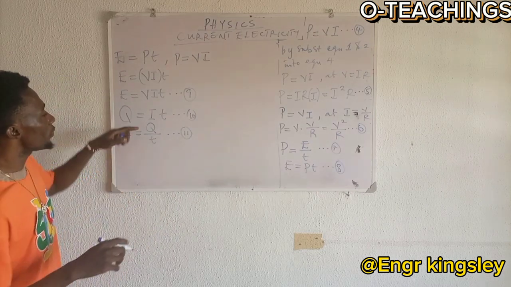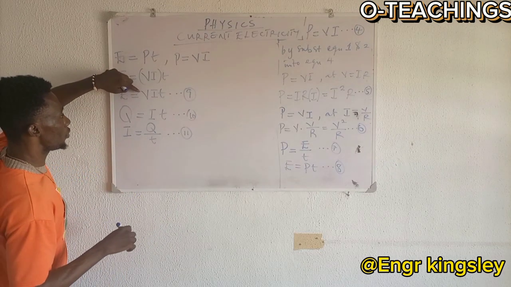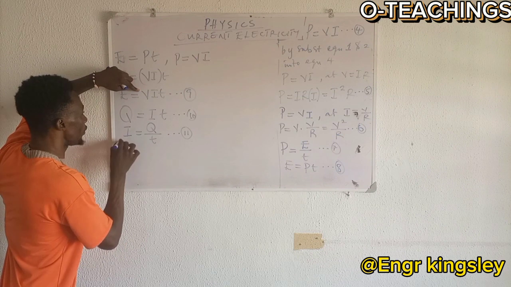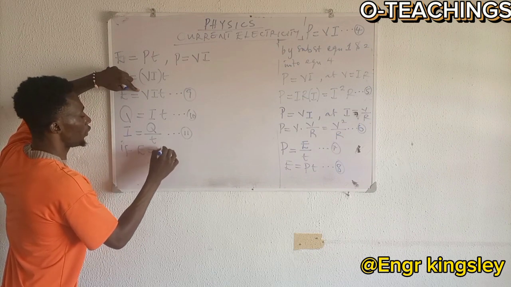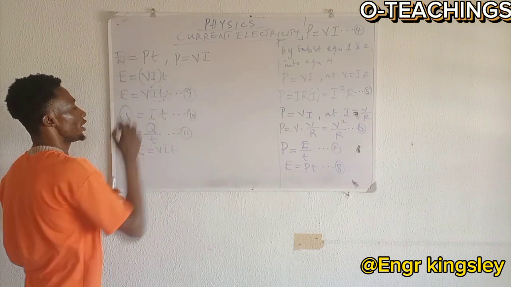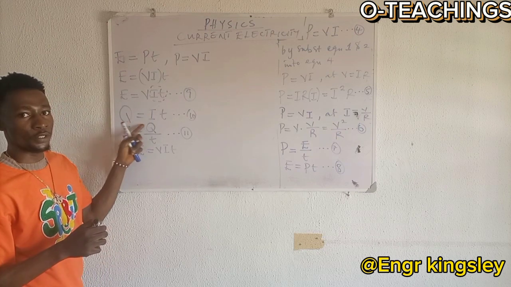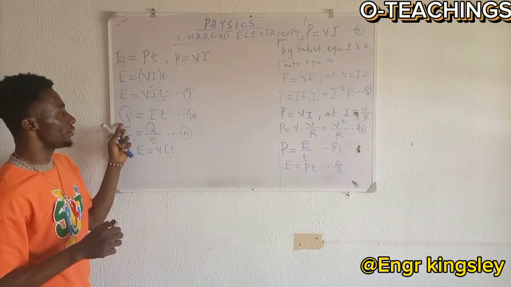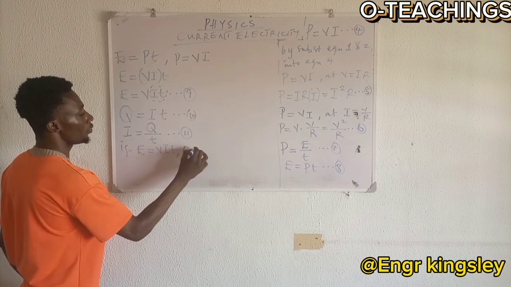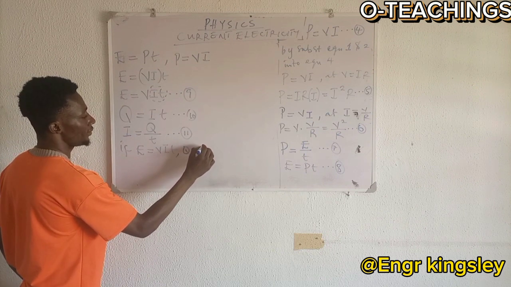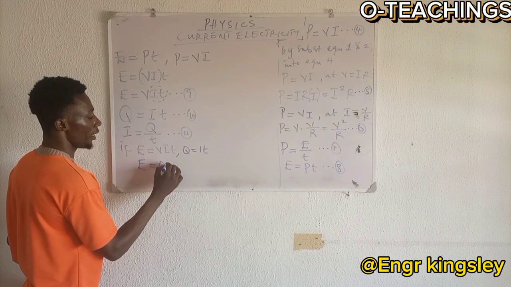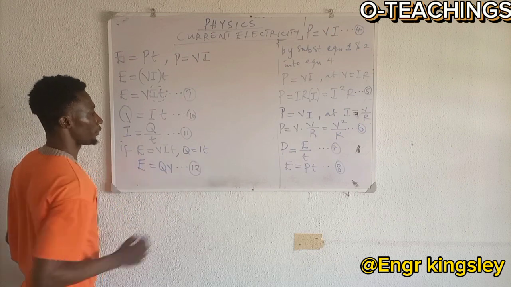By substituting equation 10 into equation 9, if equation 9 is E equal to VIT, you discover that something is happening here: IT is represented with Q. So I can comfortably change this IT to charge, which is Q. Changing it here, we have that E is equal to Q multiplied by V. Let me call it equation 12.